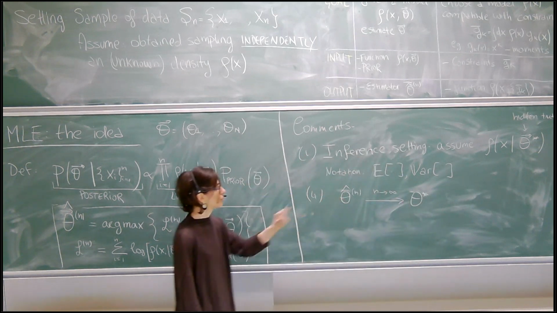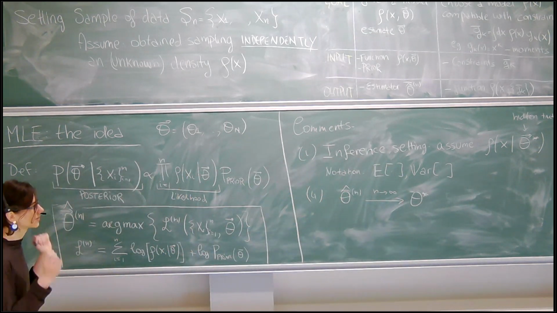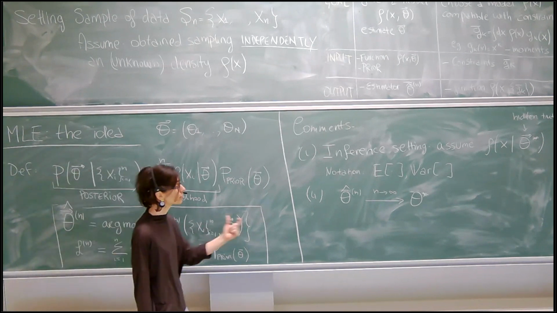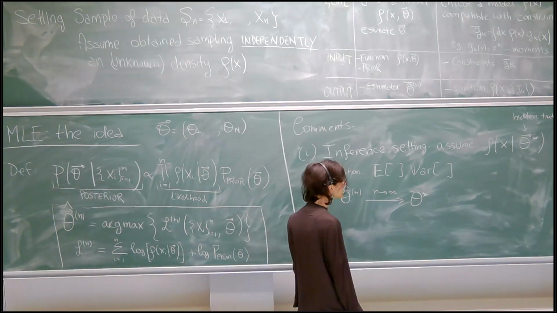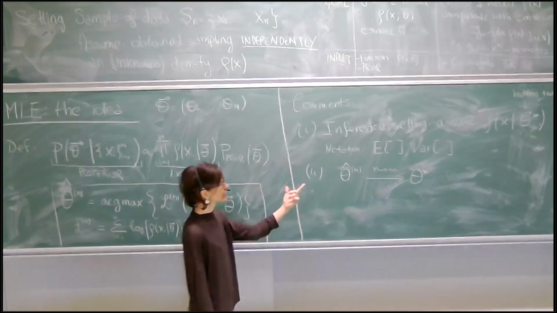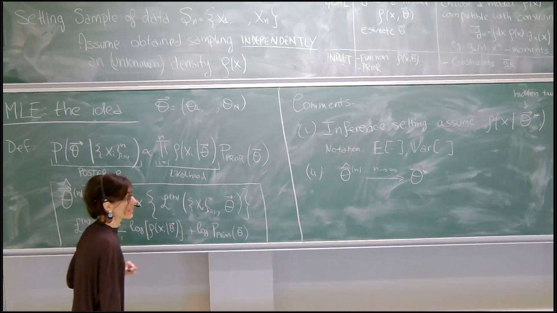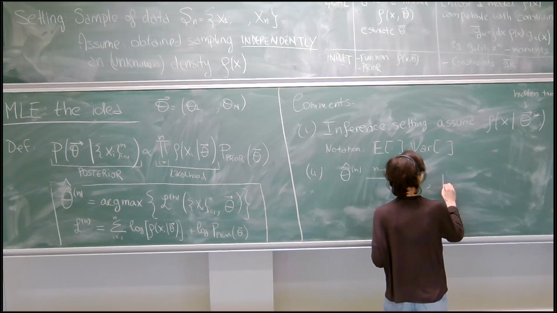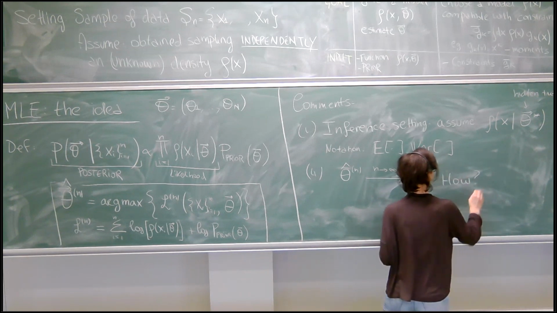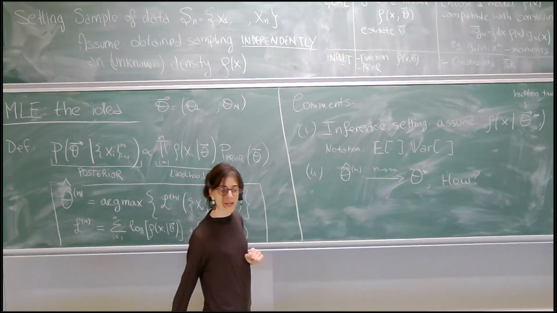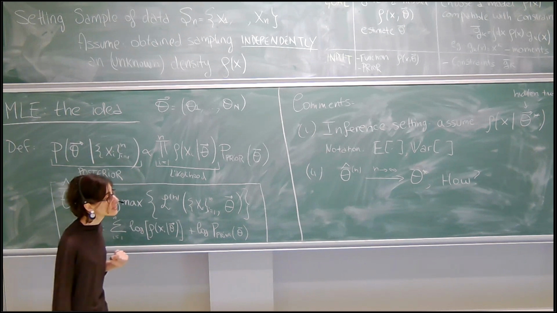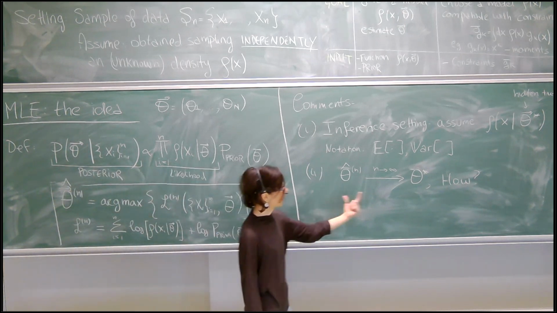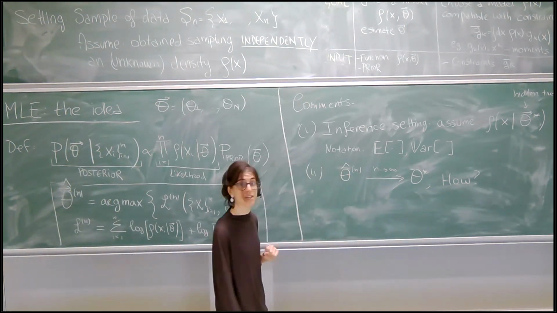So you have, if you want, a kind of law of large numbers for your estimator. And you can ask, of course, how does this convergence happen as a function of your small n? And what you can show is that it happens with fluctuations around the true value which are Gaussian.